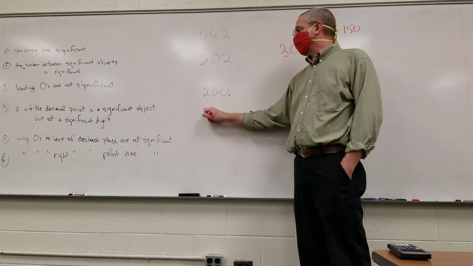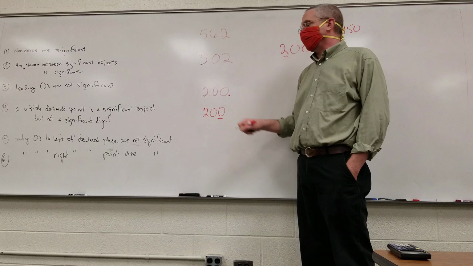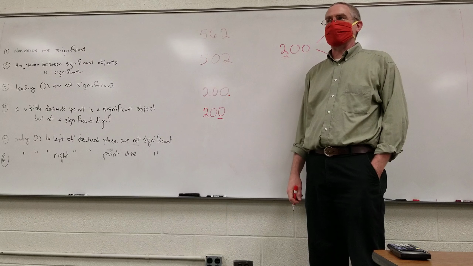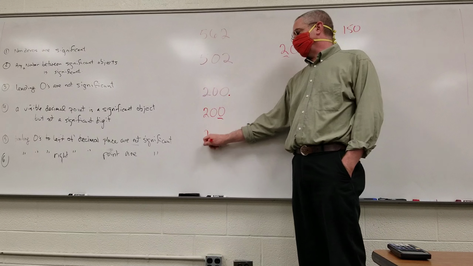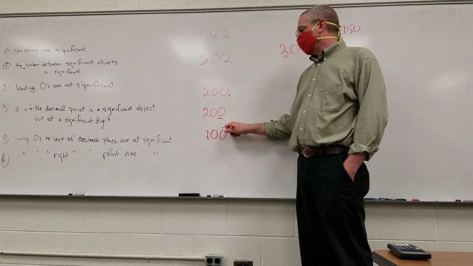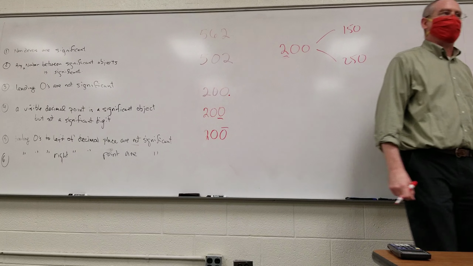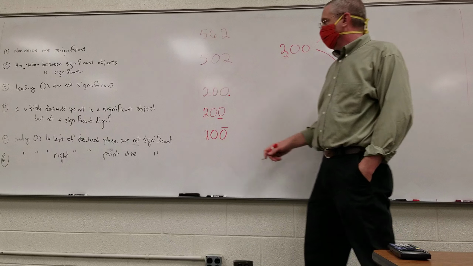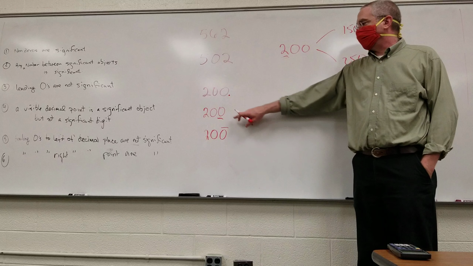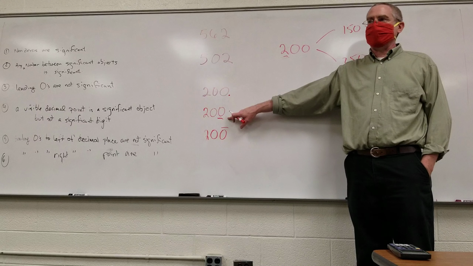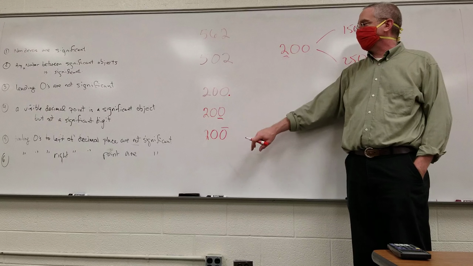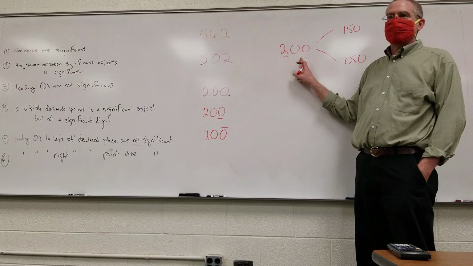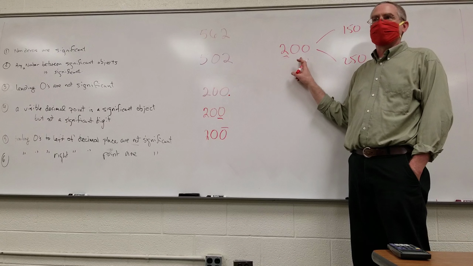Math textbooks will sometimes underline, saying that that's significant, and other places I have seen put the line over it. I tend not to do that one, especially if we are to the right of the decimal, because that would indicate that it goes on forever, or it repeats. But the underlining is a way of representing an exact number. So this is 200 exactly, whereas that is plus or minus 50.